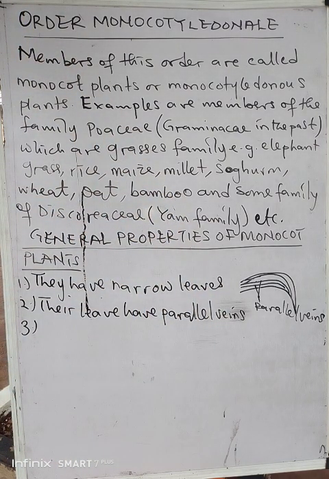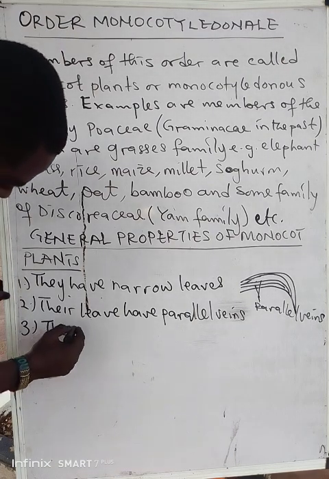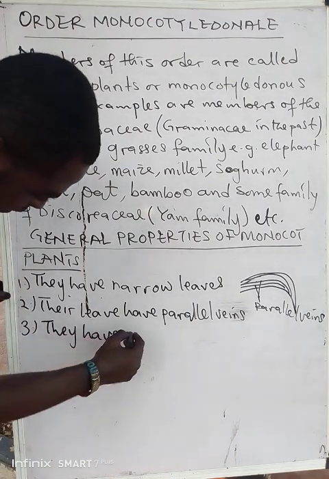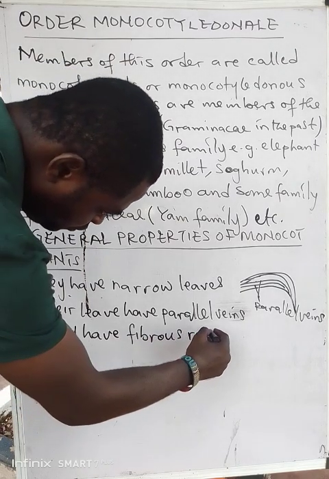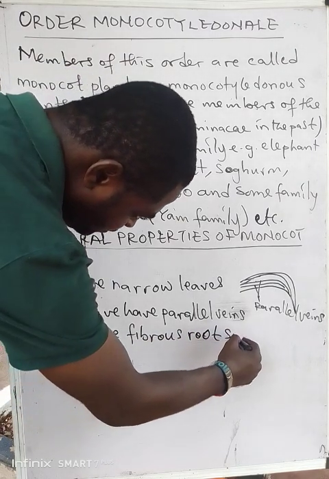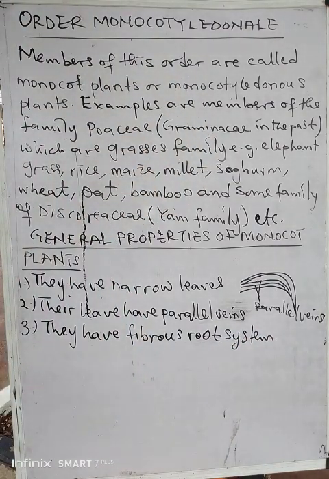So monocots have fibrous root system. When we say fibrous, their root is like fiber.